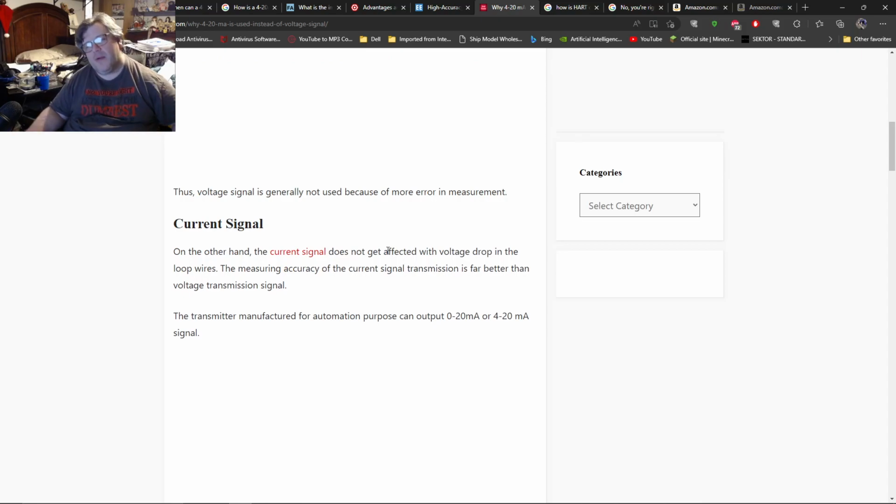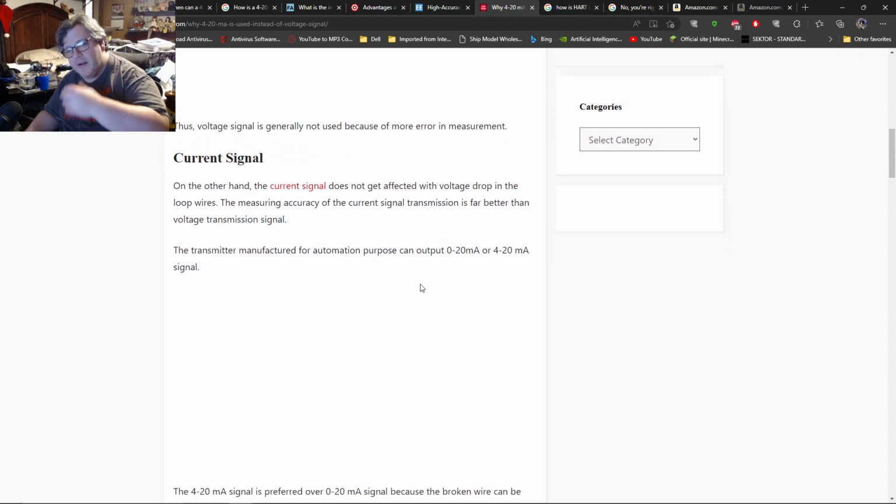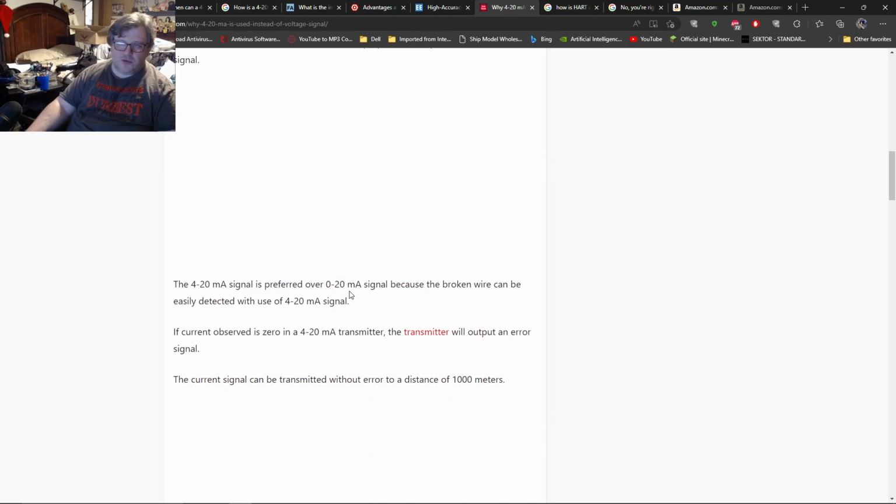The current signal, on the other hand, does not get affected by voltage drop in the loop wires. The measuring accuracy of current signal transmission is far better than voltage transmission. Transmitters manufactured for automation purposes can output 0 to 20 or 4 to 20 mA signals. The 4 to 20 mA signal is preferred over a 0 to 20 mA signal because a broken wire can be easily detected with a 4 to 20 mA signal.